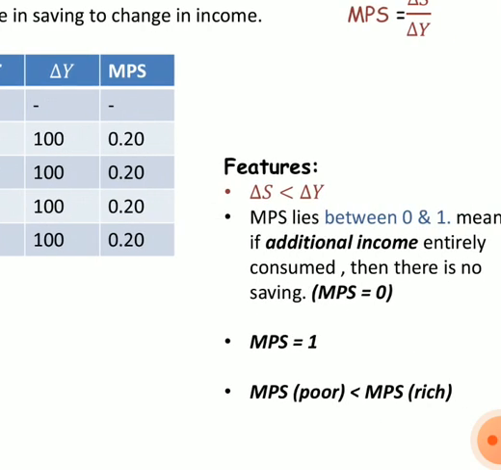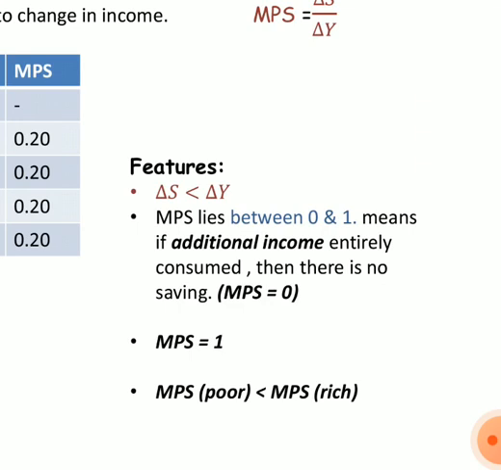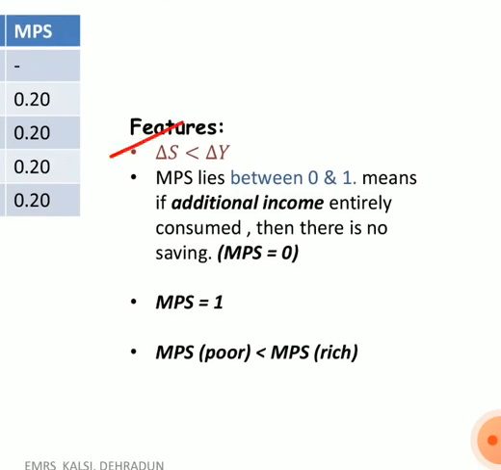And next thing is the features. You have to remember that delta S, which means change in saving, will always be less than change in income. Second thing, MPS lies between 0 and 1, which means if additional income is entirely consumed, then there is no saving. It means MPS can be 0.